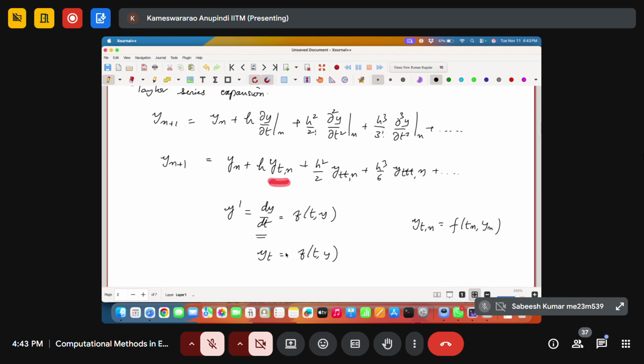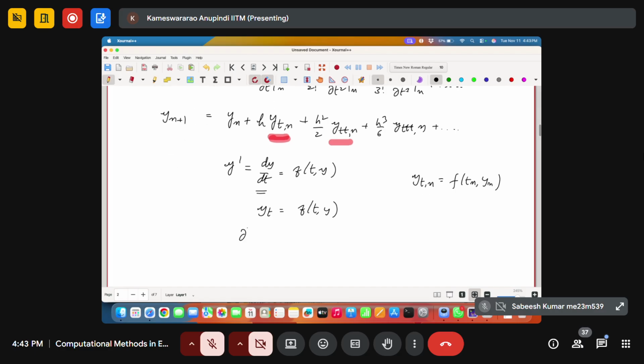Because the derivative value of the y is nothing but the function itself. So I can replace that. Now what about this quantity, that is dou square y by dou t square at n? So that means if I want to write dou square y by dou t square at n, I can write it as dou by dou t of dou y by dou t.